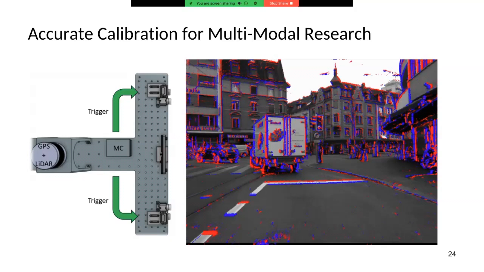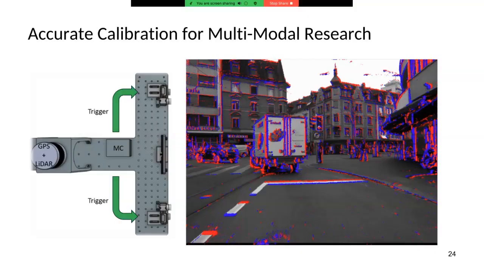Here I show an example on our data set where, due to our calibration, we are able to map the events into the frame-based camera at more or less pixel accuracy. You can see on the bottom left, for example, there's a slight offset. This is because this mapping is relatively naive. You just assume infinite depth. So if you go closer, it's not 100% accurate anymore.